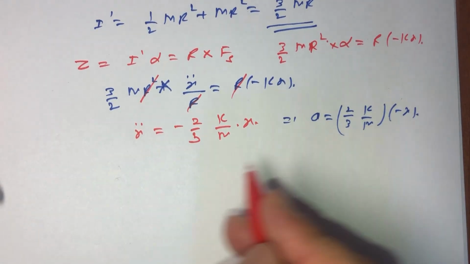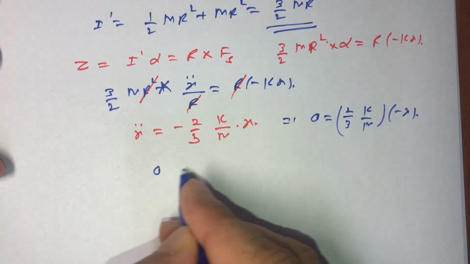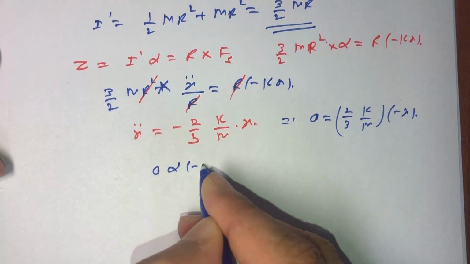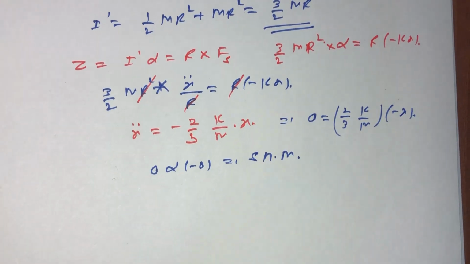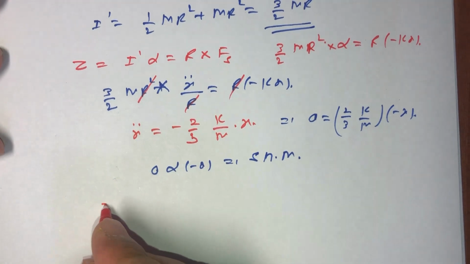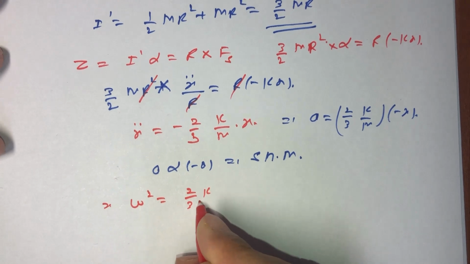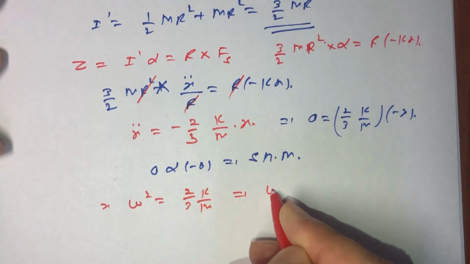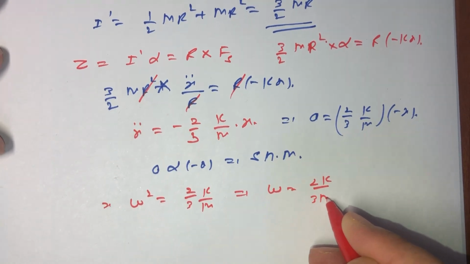So from this equation we can say that our linear acceleration a is directly proportional to minus of x, which is nothing but SHM. Therefore omega square is equal to 2/3 k upon m, or we can say angular velocity is equal to the square root of 2k upon 3m.